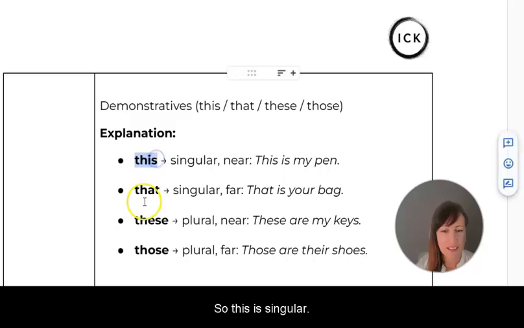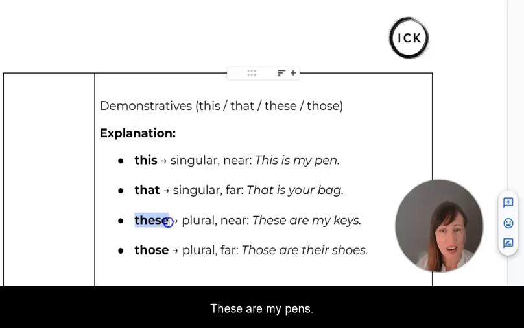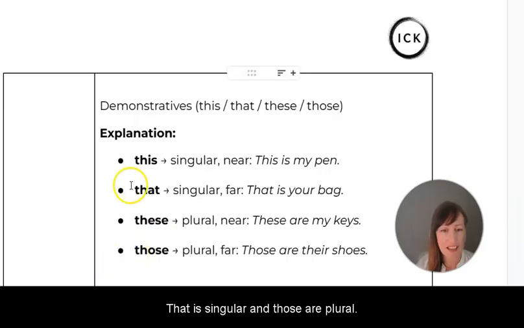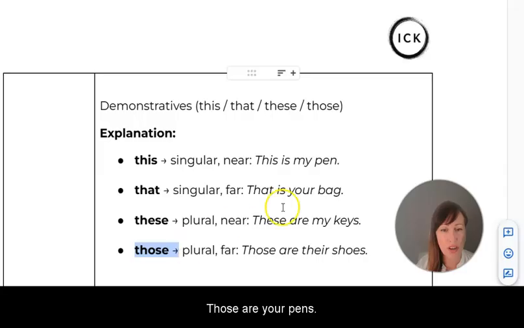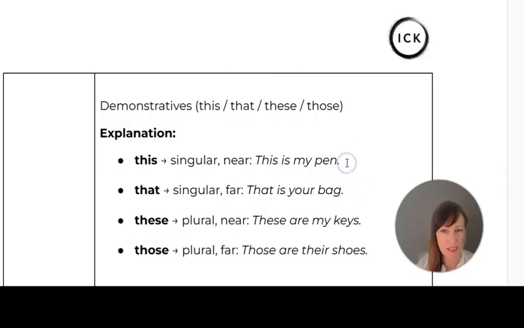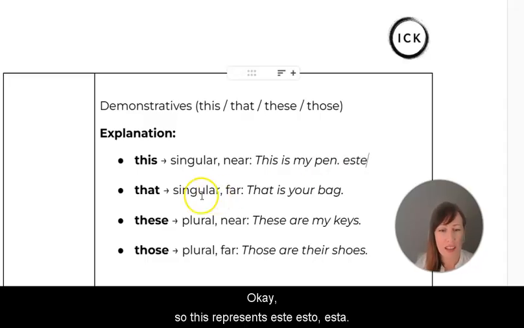So this is singular. These are plural. These are my pens. That is singular and those are plural. Those are your pens. Okay? So this represents este, esto, esta.